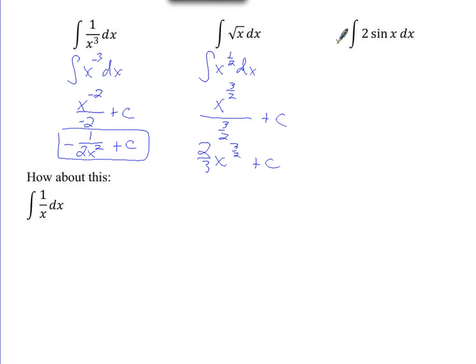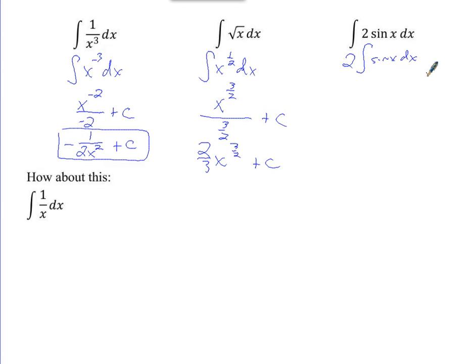All right, this last one, what should we do? We're not going to change anything. We can take out the 2. So let's do that. 2 integral sine x dx. Now all I have to do is worry about integrating sine. So what is the integral of sine? Okay, right. Think about this. The derivative of sine is cosine.